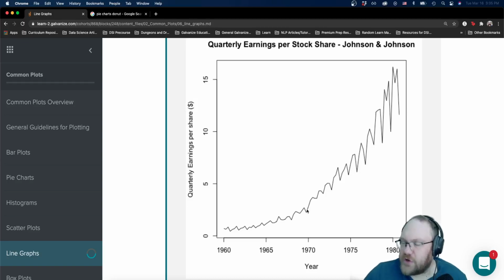Now, an important thing to note here is that the x-axis maybe would be a column in your data, but I think more accurately would be like some sort of index. It's not actually a data reading or a data measurement, right? It's just sort of like a title or a label for each data point, as to when that reading was taken for the quarterly earnings per share. But the most important thing to note is that on the x-axis, this data is ordinal in nature, right? There is an inherent order to that data.